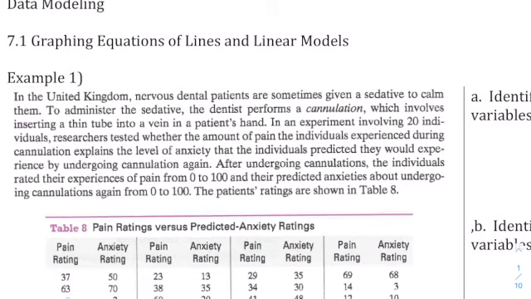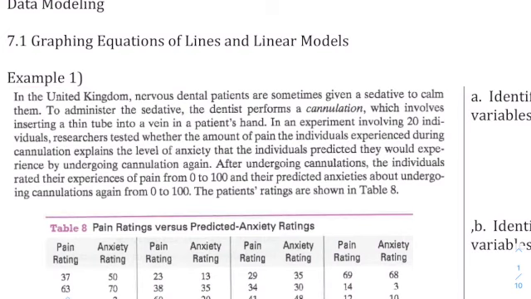In an experiment involving 20 individuals, researchers tested whether the amount of pain the individual experienced during cannulation explains the level of anxiety that the individual predicts they would experience by undergoing cannulation again.